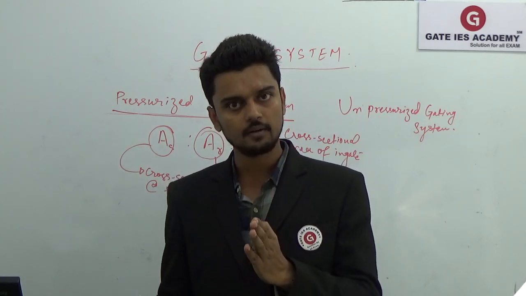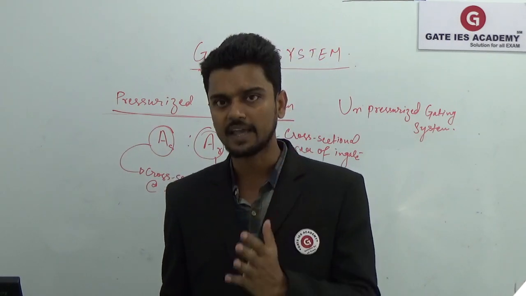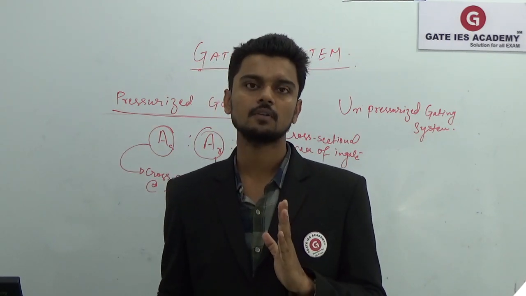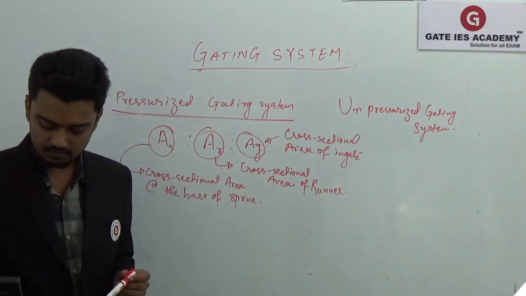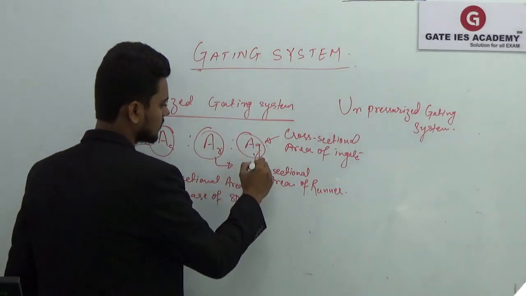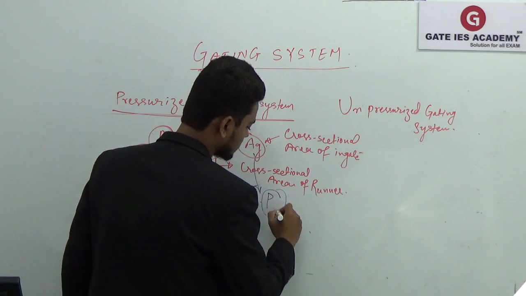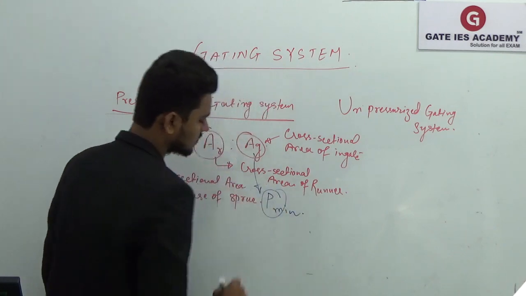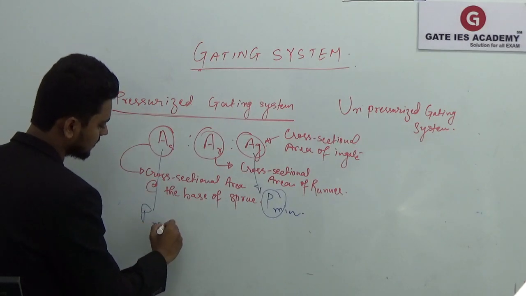At that point we have the maximum velocity and minimum pressure. So pressure will be minimum at AG, and at that point pressure will be maximum.